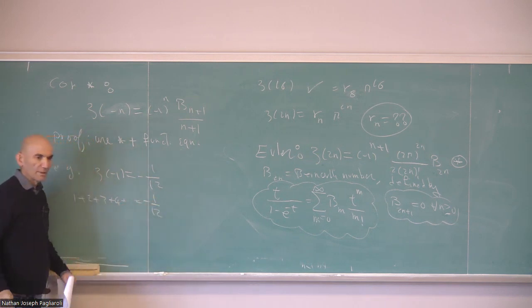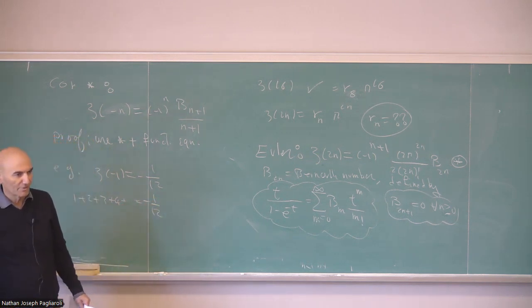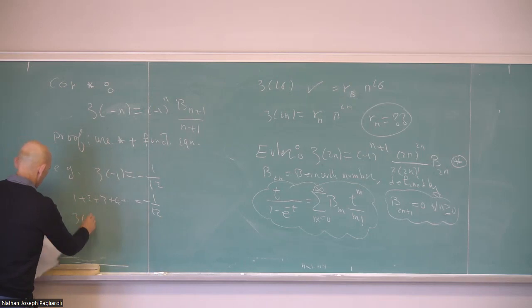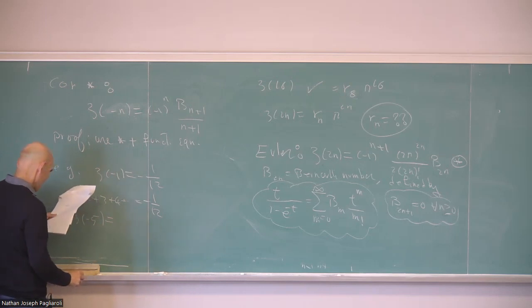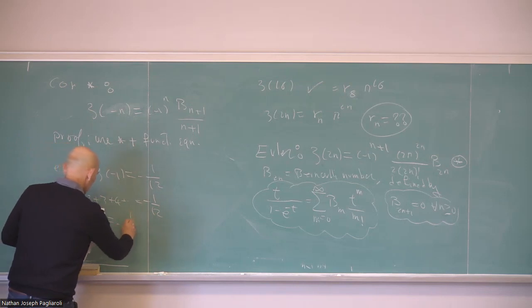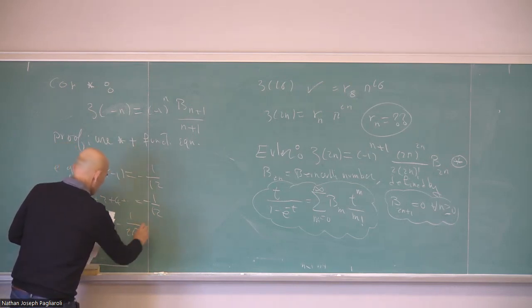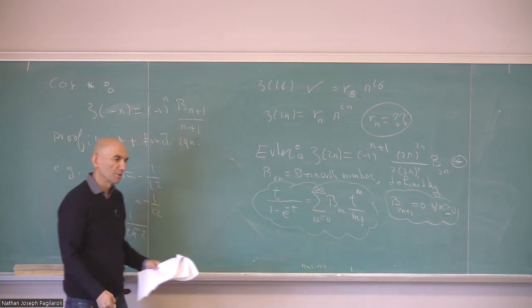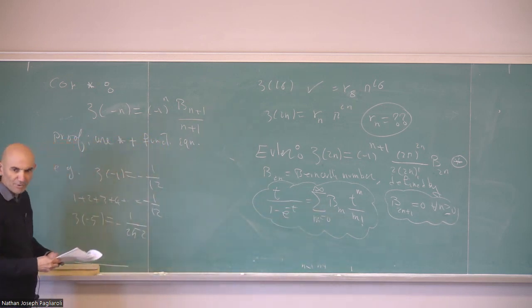They want us to accept this as some mysterious identity. Now you know it's coming from this one. And zeta of -5, they never tell you what it is, is -1 over 252. These are just Bernoulli numbers that you can look up on the Wikipedia page.